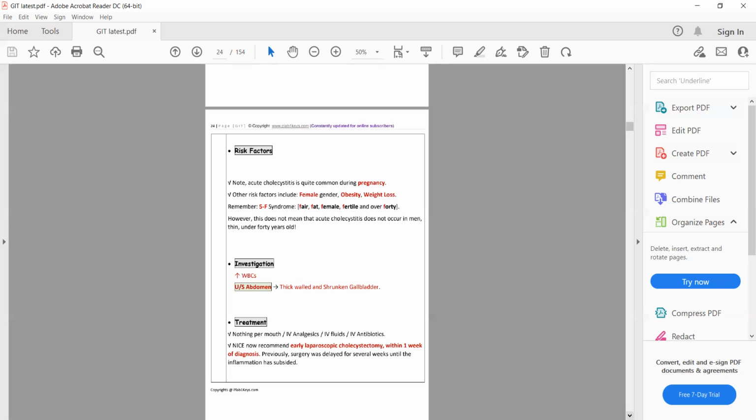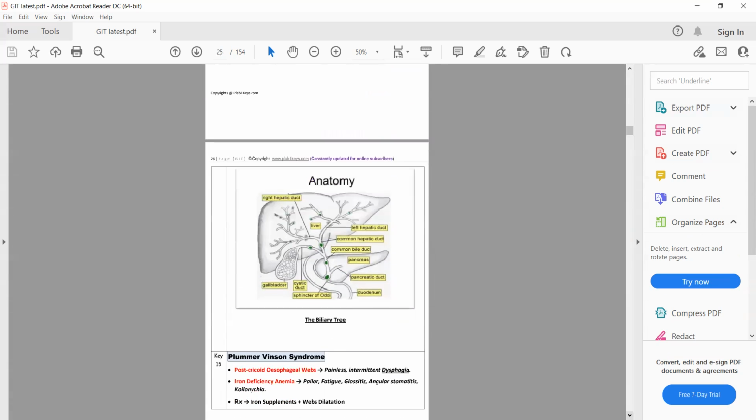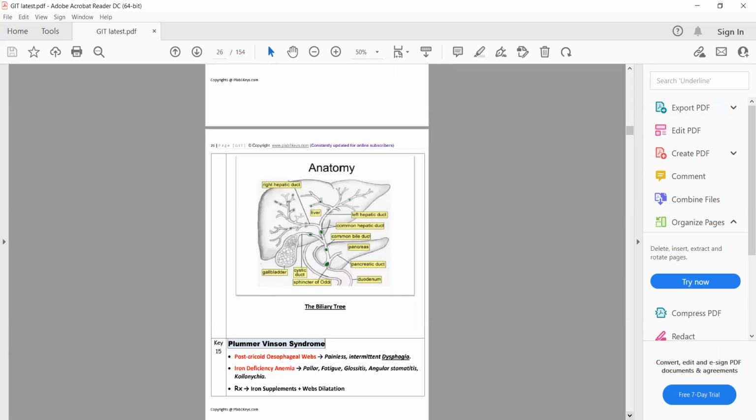Now, what will you do if there is a stone in the common bile duct? Let me show you a diagram. This is the liver. In the liver, bile is formed. This is the gallbladder. In the gallbladder, bile is stored. Now, this is the left hepatic duct and this is the right hepatic duct.